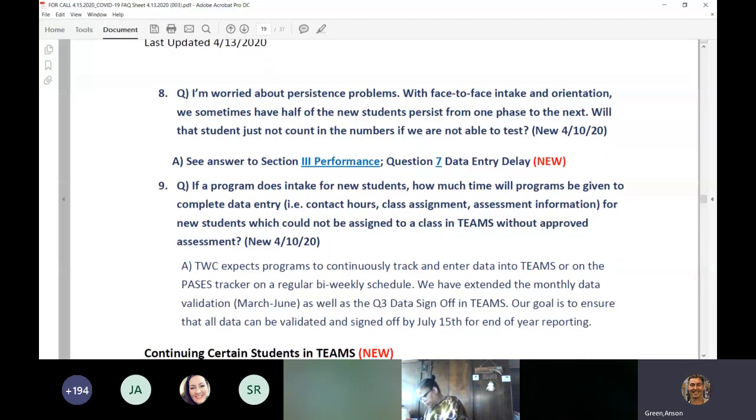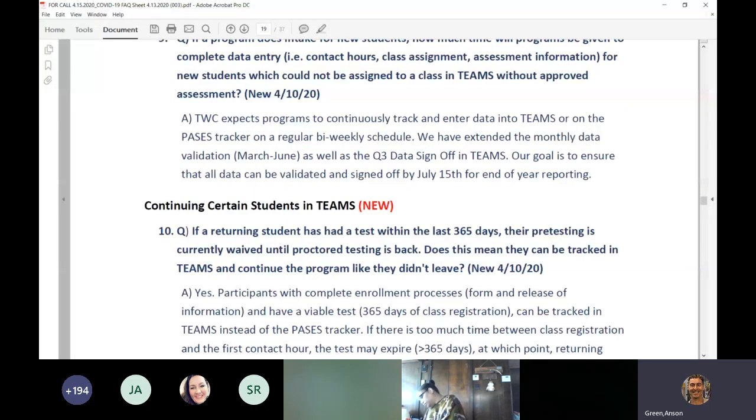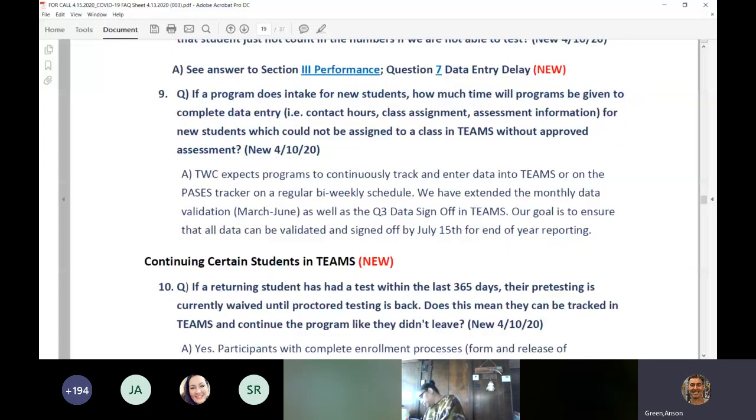We had some questions here on persistence problems, which are pretty much the same. But I wanted to move us into the information on the PASS's tracker instrument and turn it back over to Mahalia.